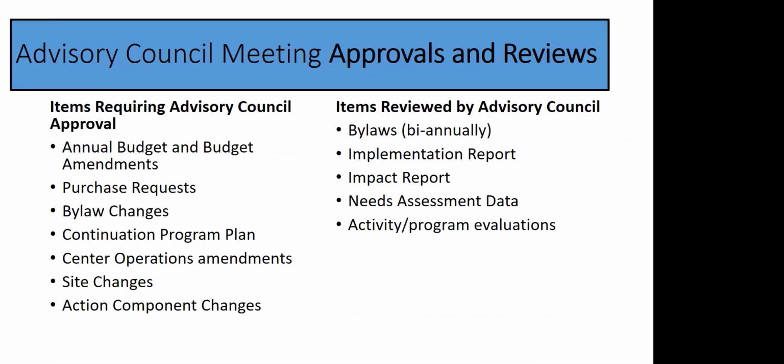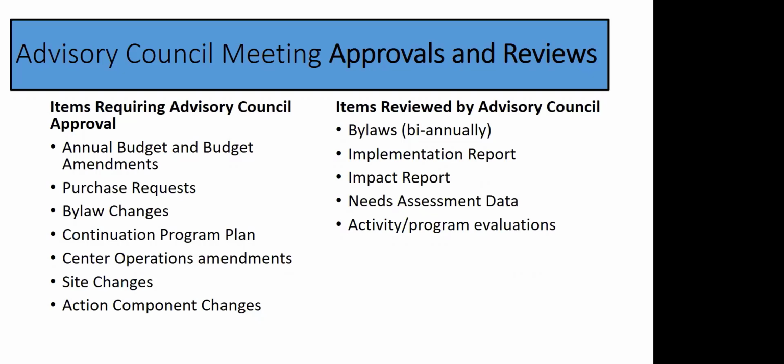So examples of items requiring approval: your annual budget, budget amendments, purchase requests, bylaw changes, continuation program plan, center operation amendments, site changes, action component changes.